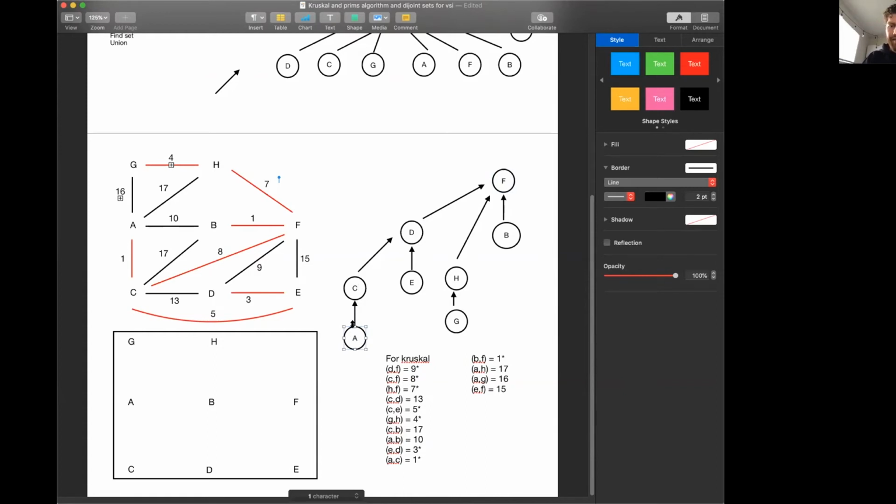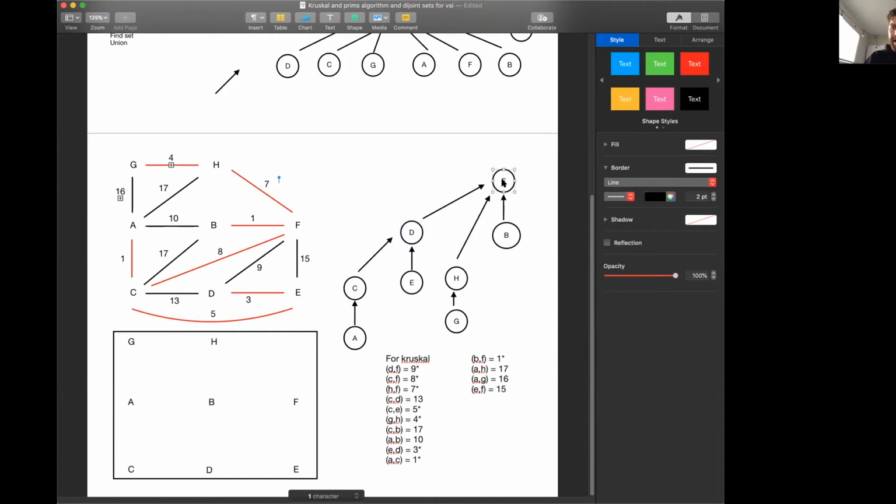So I'm running find set on A, I'm going up, I get to C, I'm going up, I get to D, and from D I go up, I get F. Since this is a recursive operation, the answer, which is F, what we're looking for, will propagate down to A, and then we get the answer because we're calling find set on A. So A will go up, we'll get to F, F is the root, then I send the answer back, and the answer propagates downwards until we hit A, and I get the answer F. So because of this operation, what I would do when the answer is coming back is set the parent of each of these nodes to be that answer.